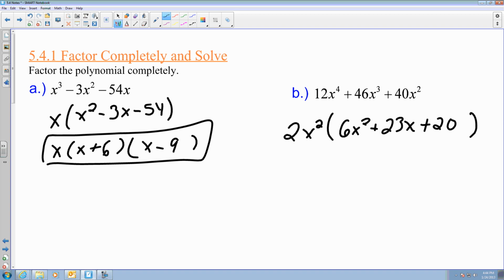Now I can try to reverse FOIL this. It was a little tricky to find which one it would be, but I do know it's going to have a plus because my 20 is positive and so is my 23. So I come to the conclusion that it works out to be 2x plus 5 and 3x plus 4.